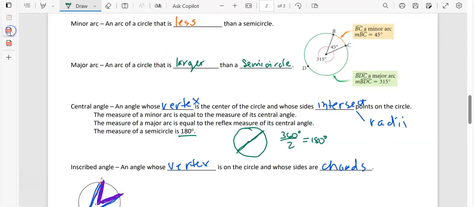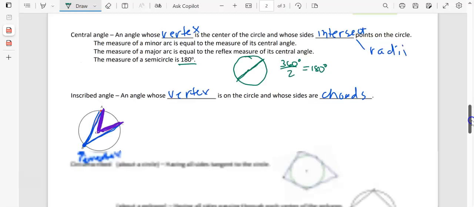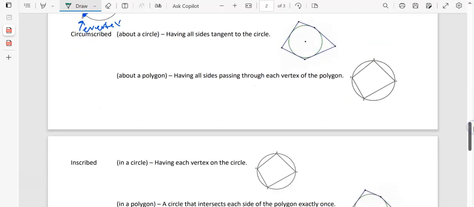Some additional definitions that go with circles. What we have is the idea of something being inscribed or something being circumscribed. And these definitions are related. It depends on who's on the outside and who's on the inside.